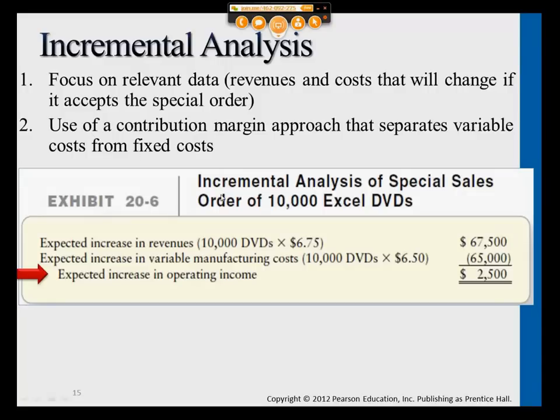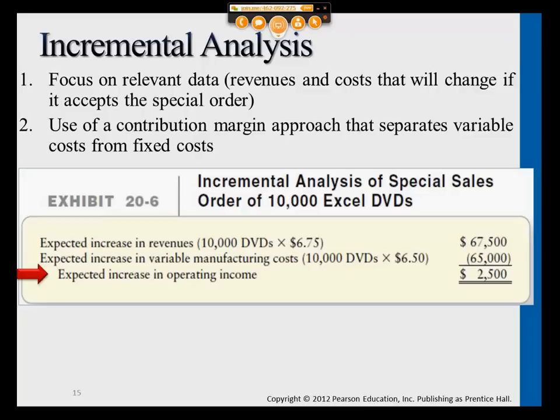So let's look here. We have revenue that goes up, just like I said, by 67,500. How did we find this? We have a special sales order of 10,000 DVDs. So it's 10,000 by 6.75. We got 67,500. And then we also expect an increase in variable manufacturing cost.